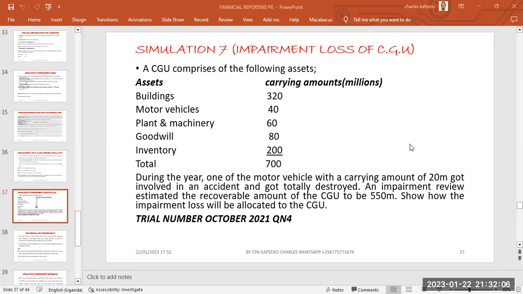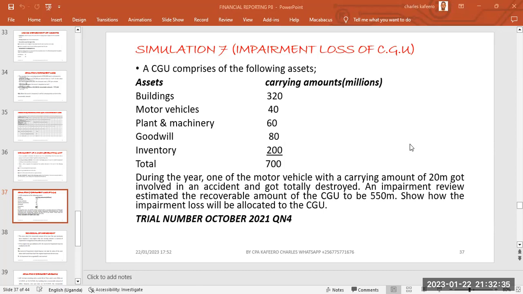In other words, the money we are to get, if at all we are to sell these assets, is less than the value or the carrying amount as at the time we are selling them. Meaning, if you are to sell them, you recover less than their value. That's basically the implication of that. That's when we are going to be having an impairment loss.